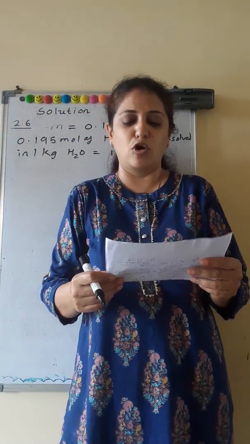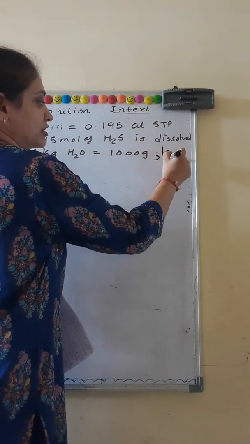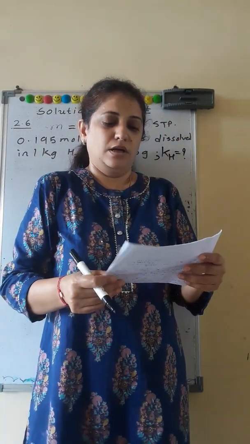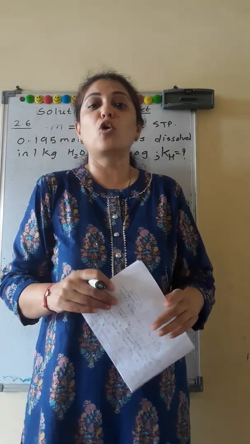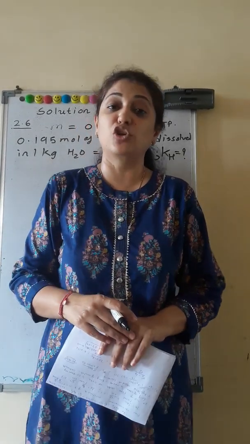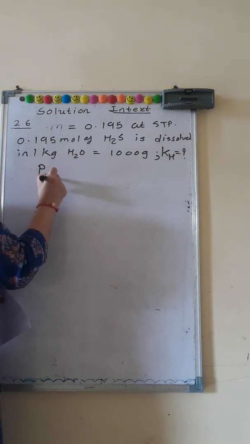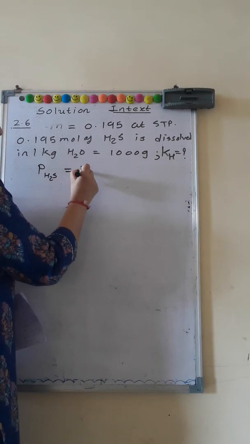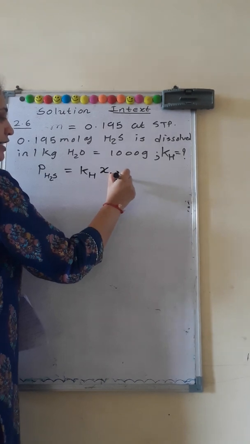Calculate Henry's law constant. So Henry's law constant, that is Kh, is equal to how much? Now here Henry's law constant is related with pressure of a gas, so P of H2S is equal to Kh multiplied with chi of H2S.